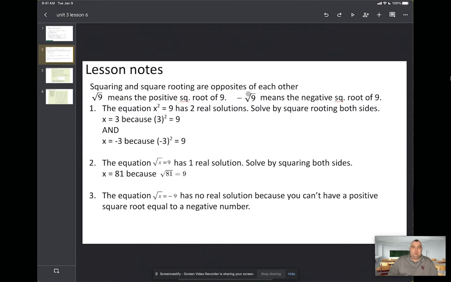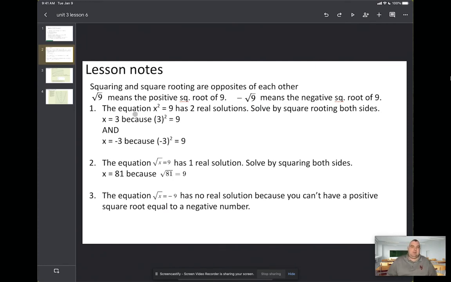When you do plus and minus, that is only when you have to square root in order to solve an equation. So if you're square rooting in order to solve an equation, you do plus and minus. But if you're presented with a square root, it's either a positive square root or a negative square root, depending on how it's given to you.